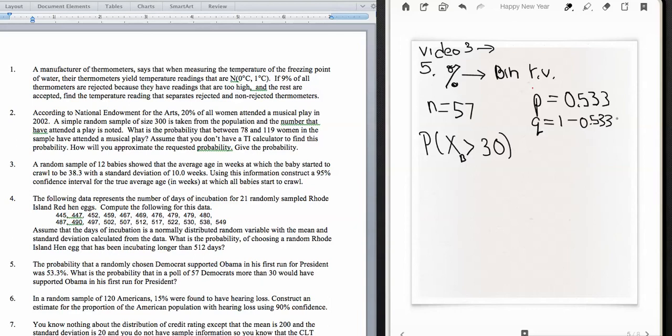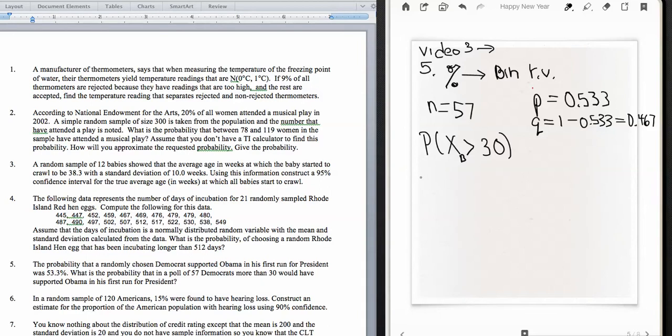We won't need it, but if you were doing anything by hand, you might, and if you were doing a normal approximation, you might. So that's 1 minus 0.533, 0.467, and so there we go.